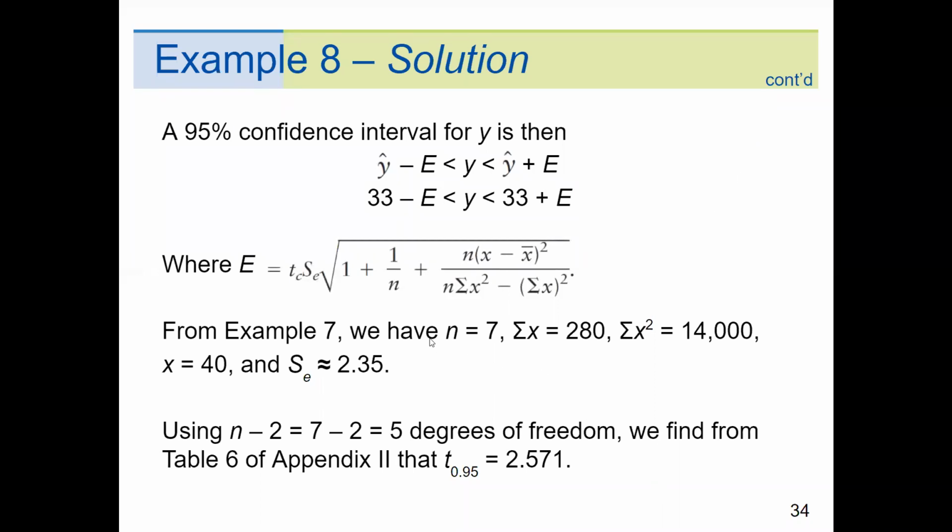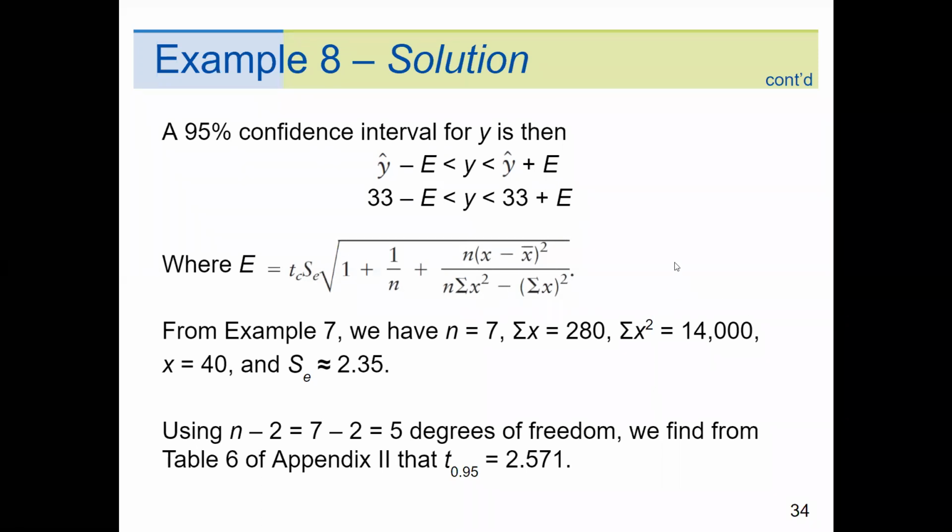From example 7, we have n equal to 7, the summation of x equal to 280, the summation of x squared equal to 14,000, x bar equals 40, and the standard error is equal to 2.35. Using n minus 2, we have 7 minus 2, which is 5 degrees of freedom. We find from table 6 of appendix 2 that t for 95% confidence is 2.571.